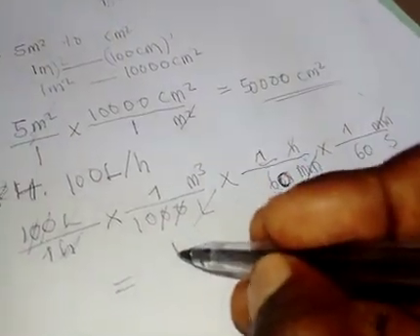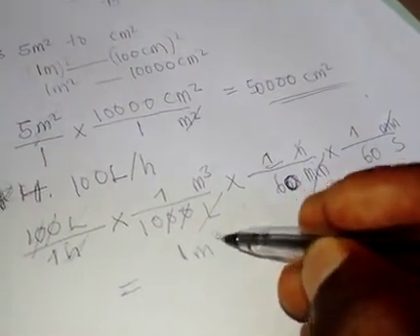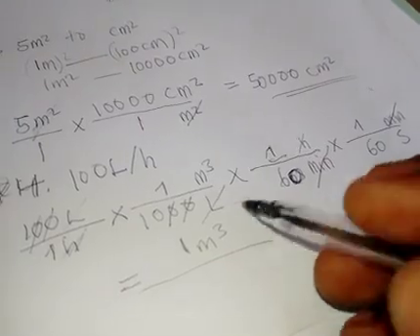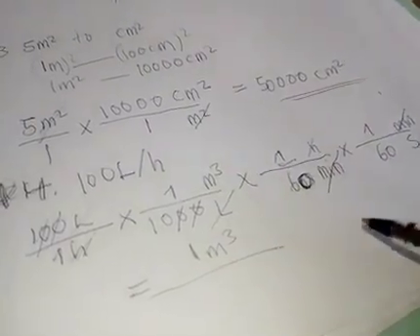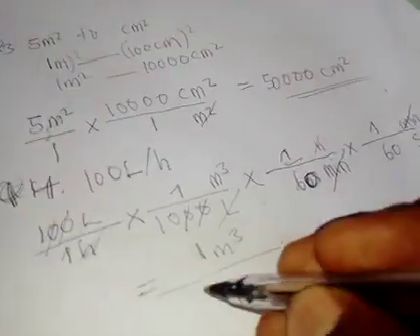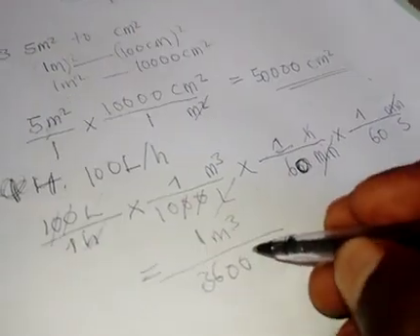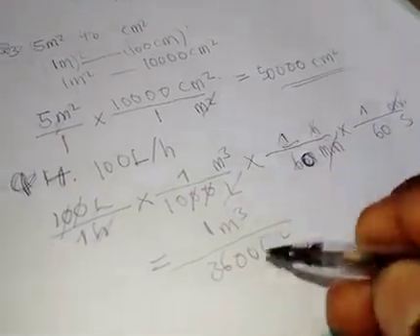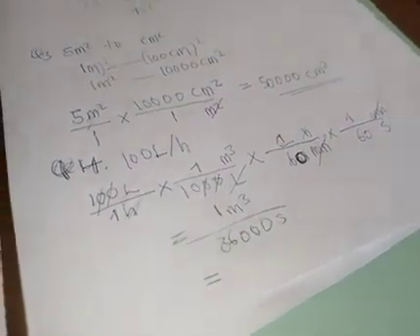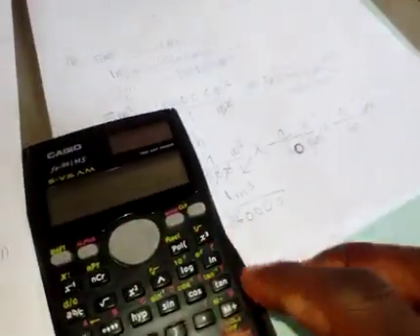So we have 1 cubic meter over 60 times 60, that's 3,600, multiplied by 10. So we have 3,600 times 10, so just add another 0 seconds. So this will give us what?